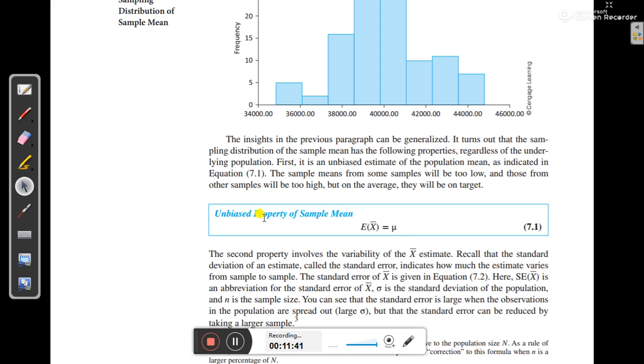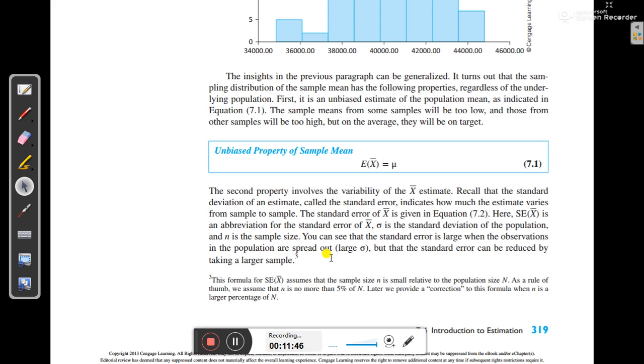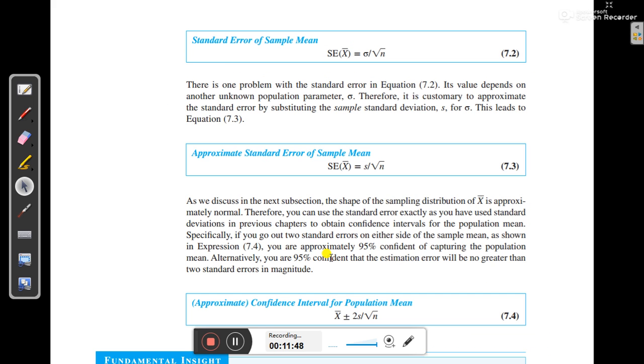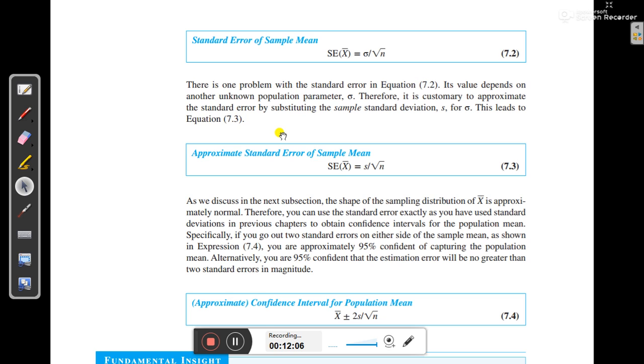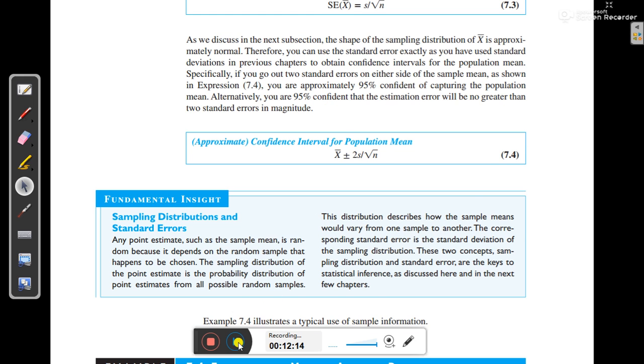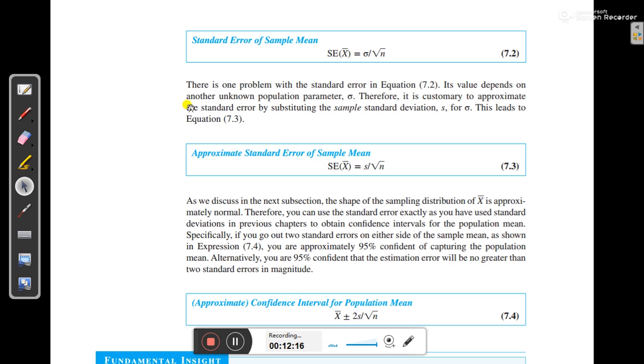So here you can understand the unbiased property of the sample mean. Again, you can equate the sample mean and the standard error of this sample mean, where n is the number of samples.